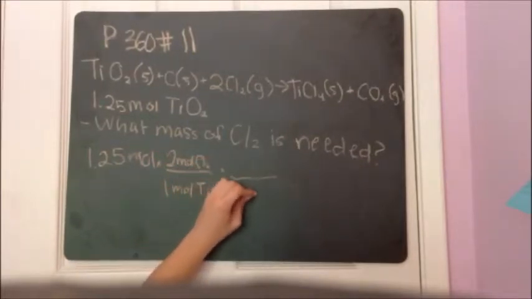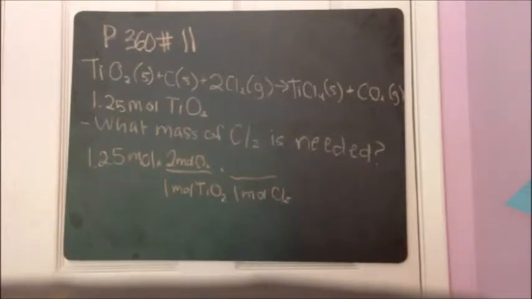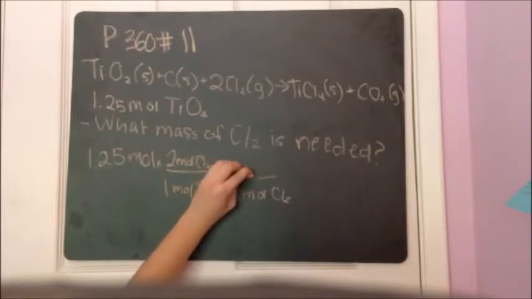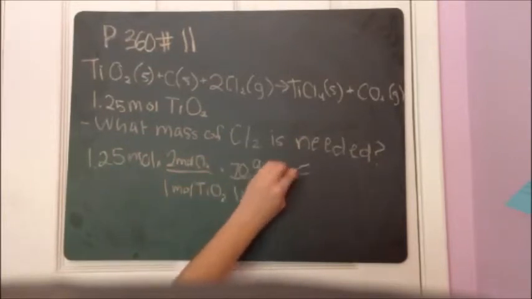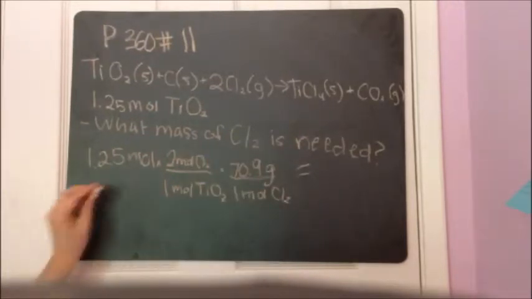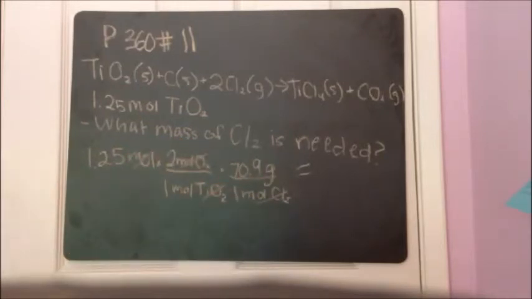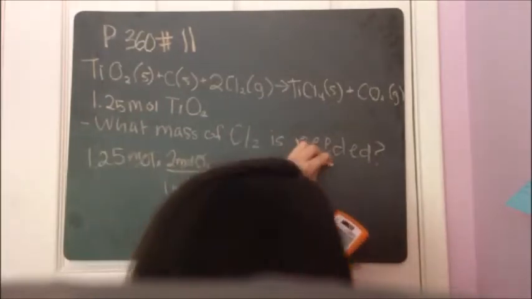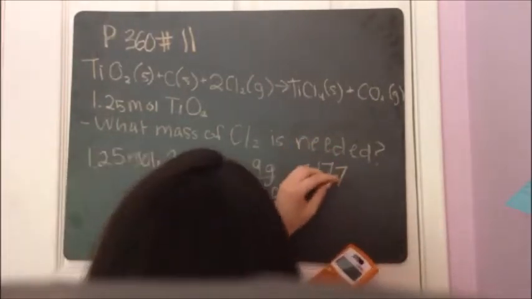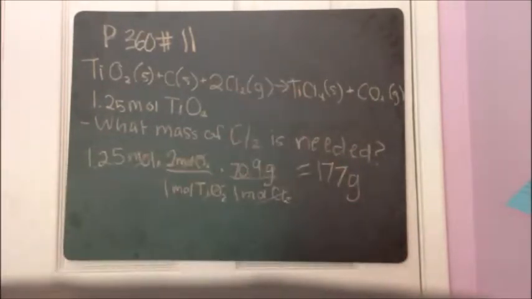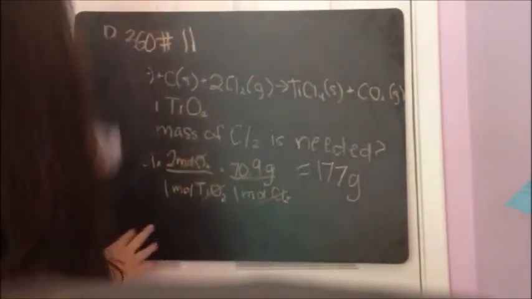And then I would multiply this by the molar mass of Cl2, and that is 70.9 grams on the top and 1 mole of Cl2 on the bottom. And I got 177 grams for my answer.